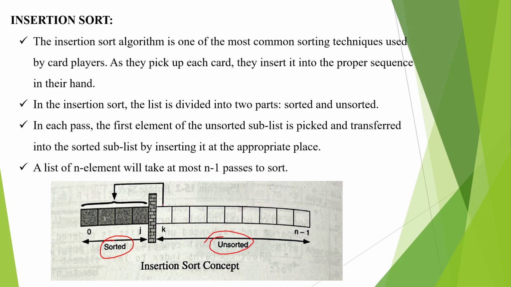When you pick one element from here and push that element into sorted, it will decrease the element count in the unsorted list, and it will increase the element count in the sorted list. That is how we perform insertion sort, picking one element, pushing into the sorted list. Before we push that element, we check where to keep it.